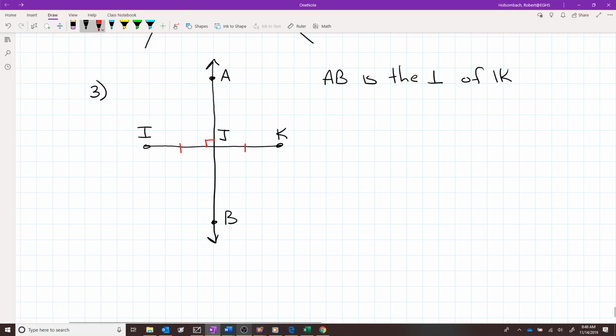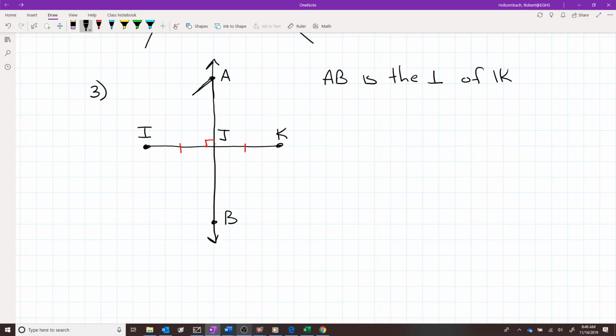So answer choice A, AJ is congruent to BJ. A to J is congruent to B to J. That's not true. Answer choice B, angle IAJ is a right angle. From I to A down to J would be this angle right up here. That is not a right angle.